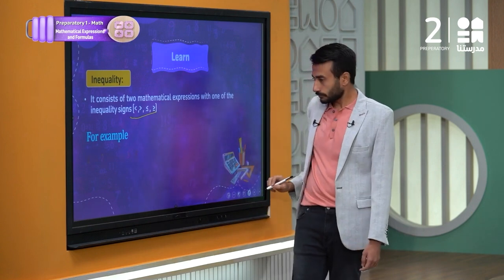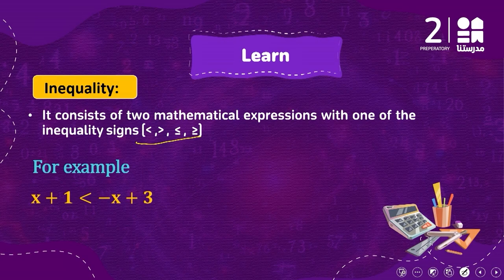For example, x plus 1 less than negative x plus 3. We have here an expression, and here another expression. We combine these two expressions with this sign. So totally this is called an inequality.